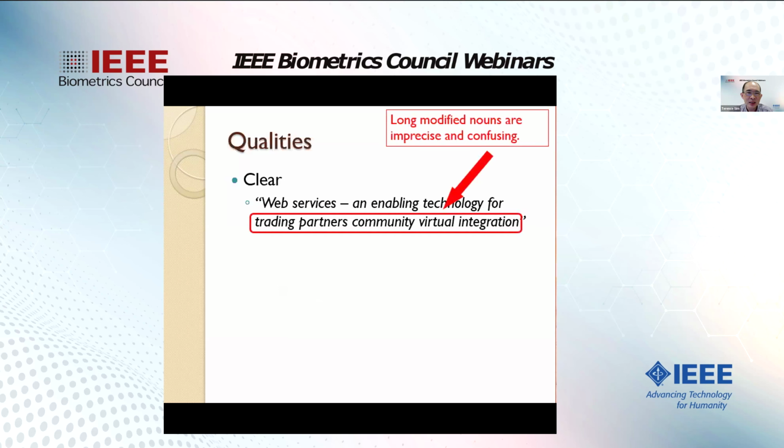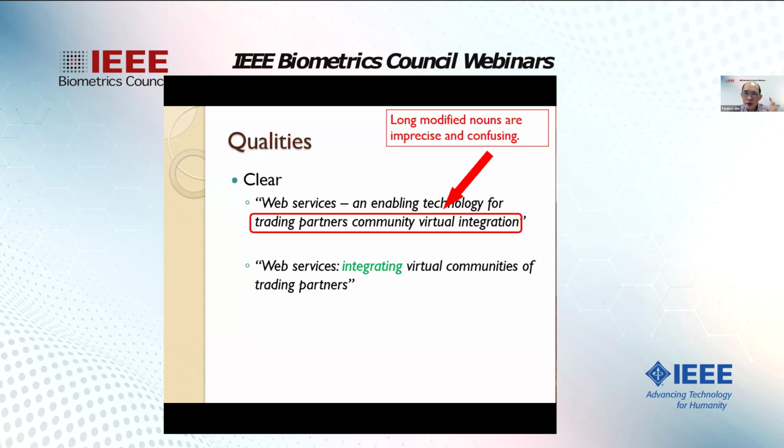What does it really mean? The problem is this thing here, trading partners community virtual integration. This is what is called a long modified noun. They are imprecise and confusing. You're using some nouns to describe other nouns, and that leads to a lot of confusion.